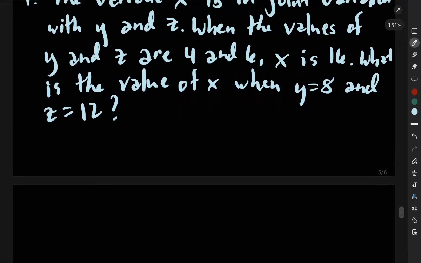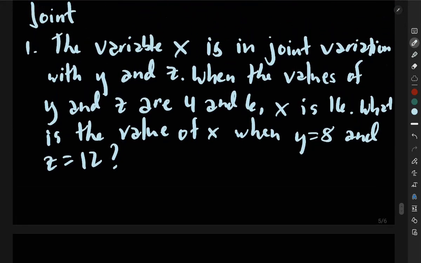So let's add another page. So the variable x is in joint variation, meaning it's directly proportional to y and z. There's no inverse here if it says joint variation. When the values of y and z are 4 and 6, x is 16. What is the value of x when y equals 8 and z equals 12?